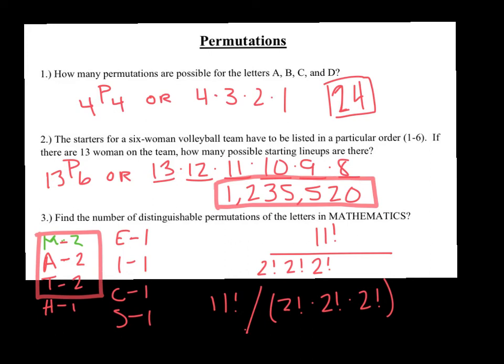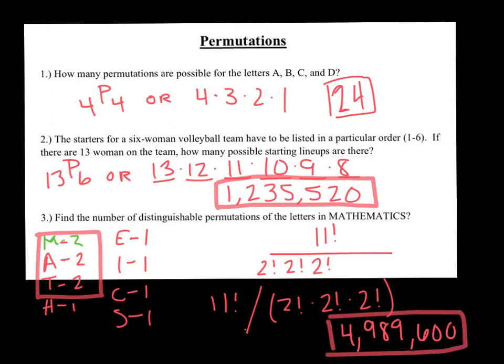And you end up with 4,989,600 different arrangements or distinguishable permutations of those letters in the word mathematics.